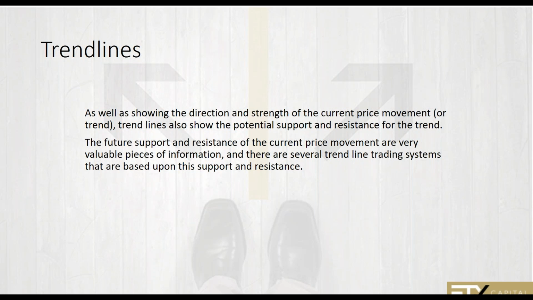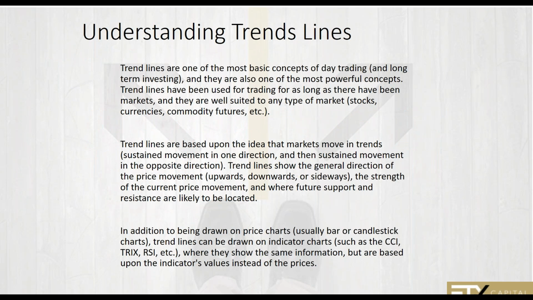Trend lines also show potential support and resistance. The future support and resistance of the current price movement are very valuable pieces of information, and there are several trend line trading systems that are based upon support and resistance, like AutoChartist. Okay. Now, trend lines are one of the most basic concepts.